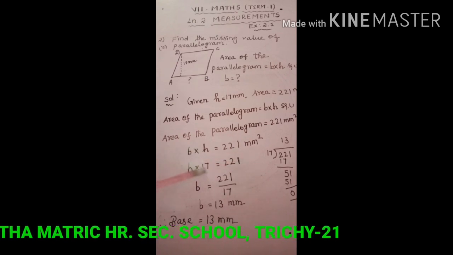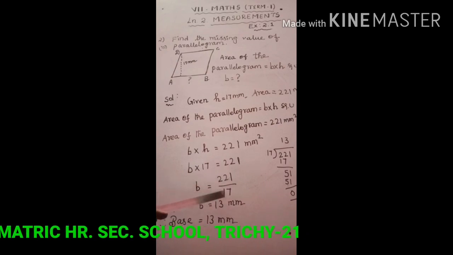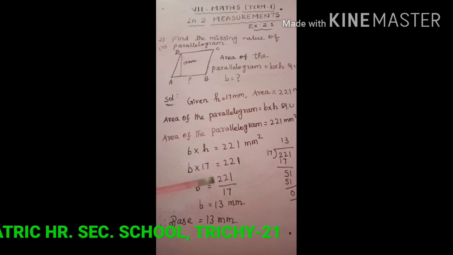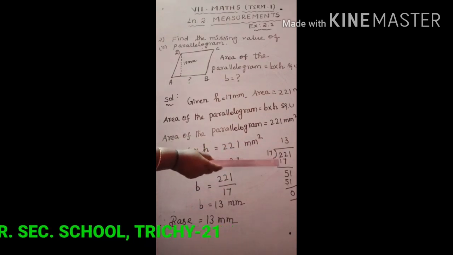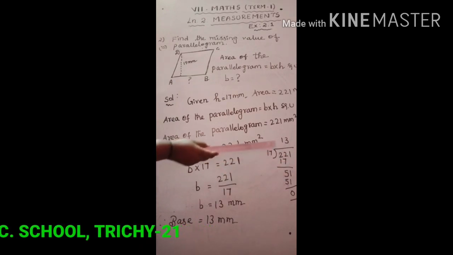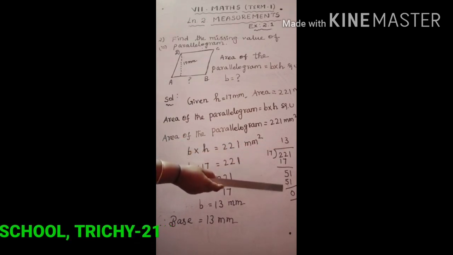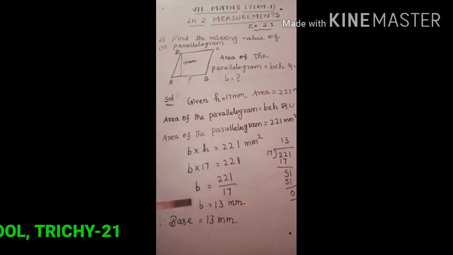Here 17 goes to the other side and becomes division. So base is equal to 221 divided by 17. 1 time 17 is 17, remainder 5, then bring down 1, 51, then 3 times 17 is equal to 51. So the remainder is 0, and the quotient is 13. So base is equal to 13 millimeter.